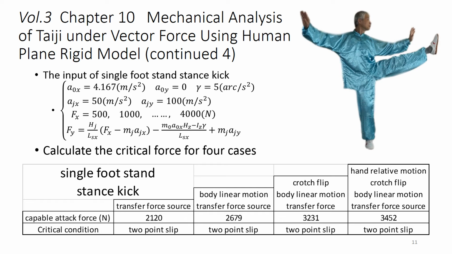For adding crouch flip, the capable attacking force is 3231 Newton. For adding hand relative motion, the capable attacking force is 3452 Newton.